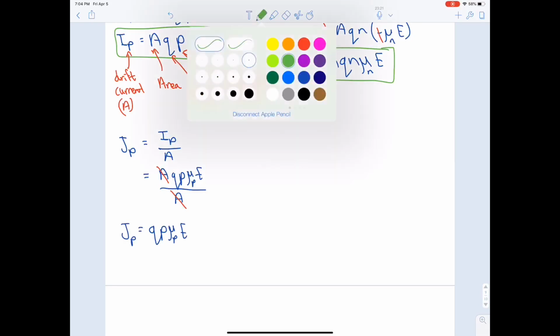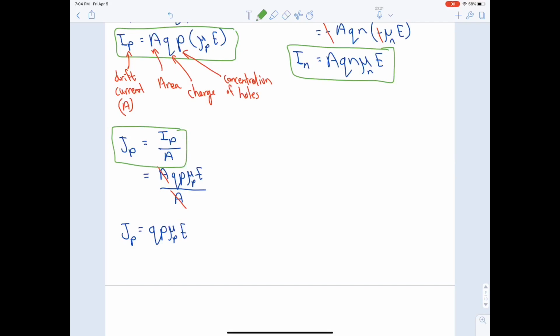So here now we have two more equations. What's JP? JP is the drift current density with the unit A per centimeter squared.